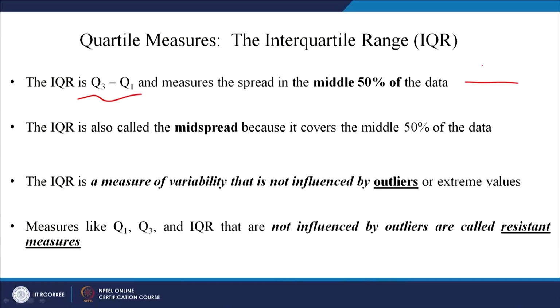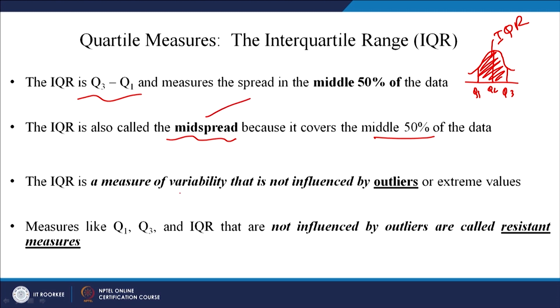In other words, the middle 50% of the data. Let us say this is your distribution. We will say this is your Q1, this is Q3 and this is your Q2. So, the middle 50% of the data is the interquartile range, called IQR. IQR is also called the mid spread because it covers the middle 50% of the data. So, you can call it either IQR or mid spread.